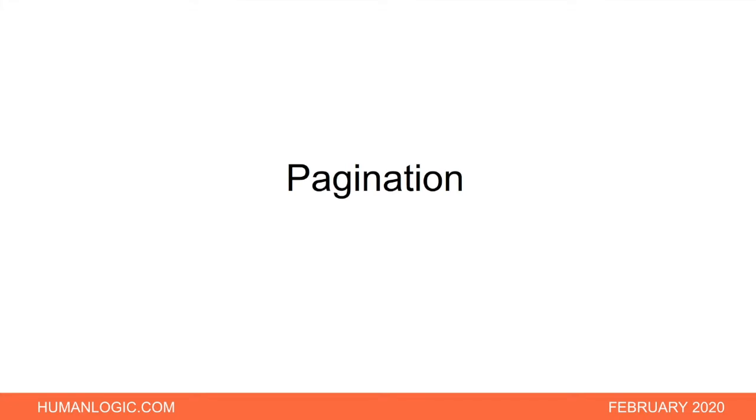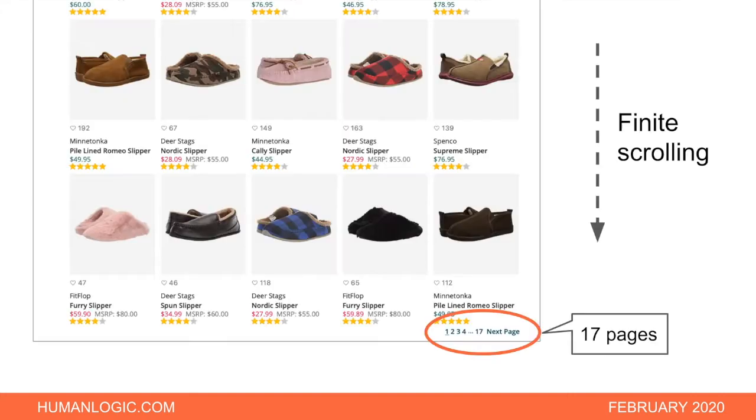So the UI world then introduced the concept of pagination and doing things in pages. A very common thing is that you have a certain number on a page. You have a finite scrolling, so you can scroll to the bottom, and you see a number of pages. In this case here, we've got 17 pages of different shoes.